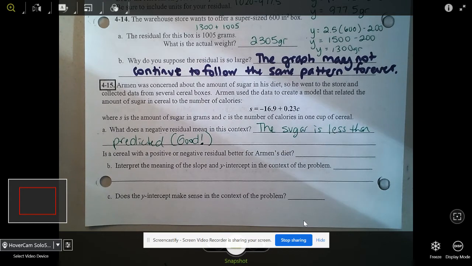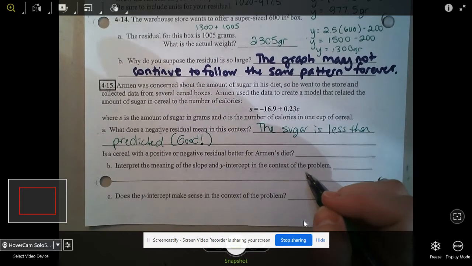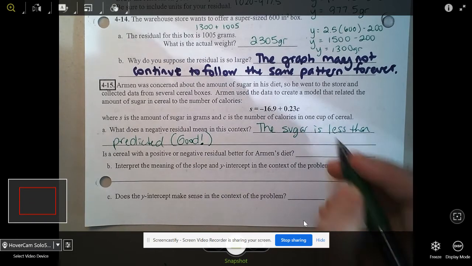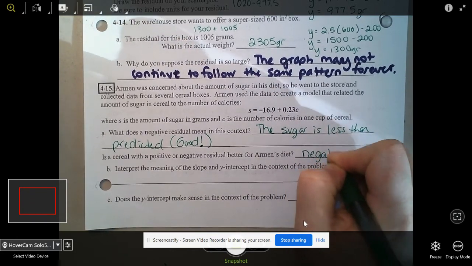So if he had a graph, he'd want to pick all of the types of cereals that had points below the fitted line, because those points below the fitted line would have a negative residual. Negative residual would have less sugar than predicted. That would be a good thing for him. So is the cereal with positive or negative residuals good for his diet? He wants the negative residuals.